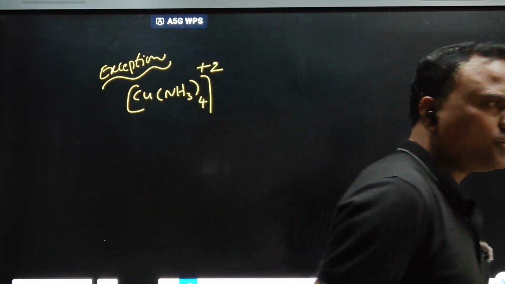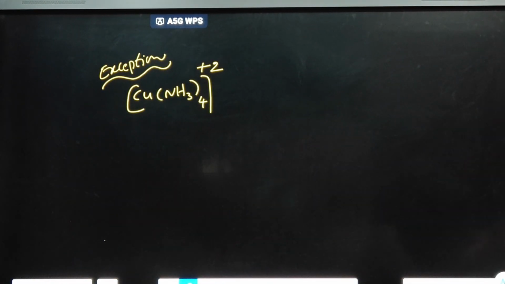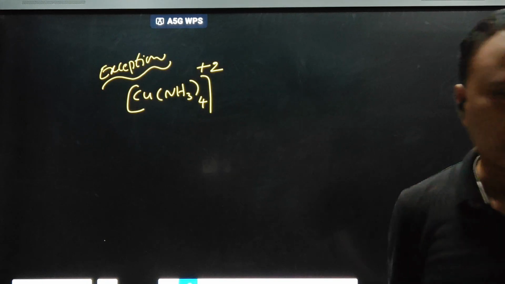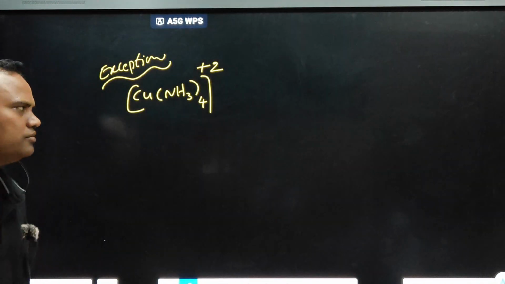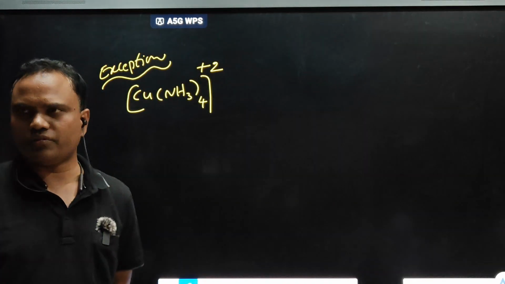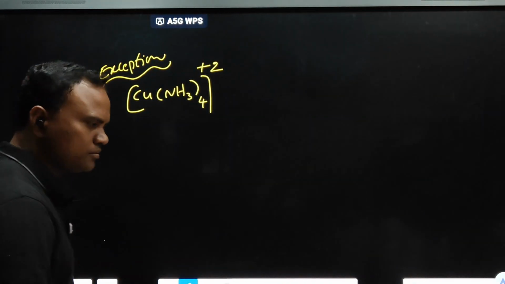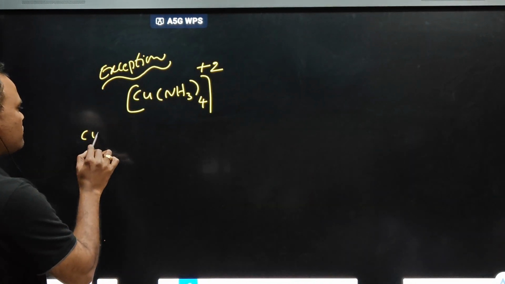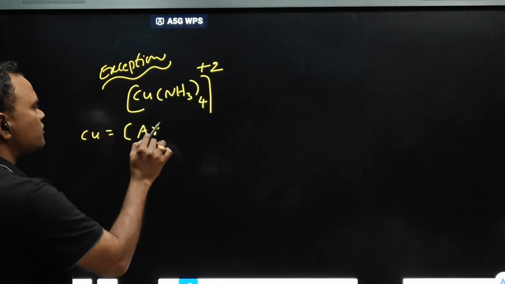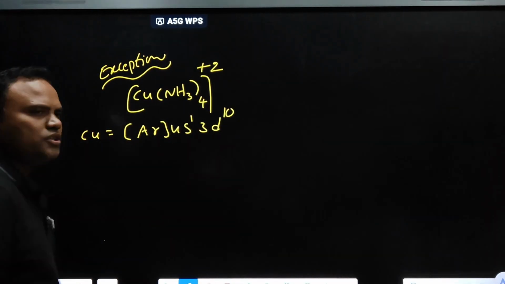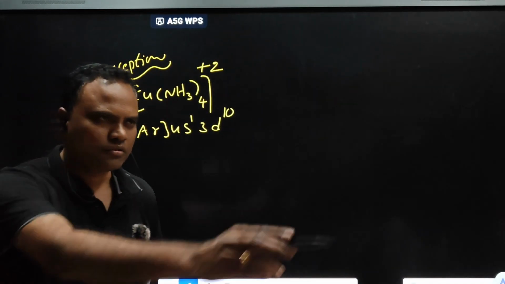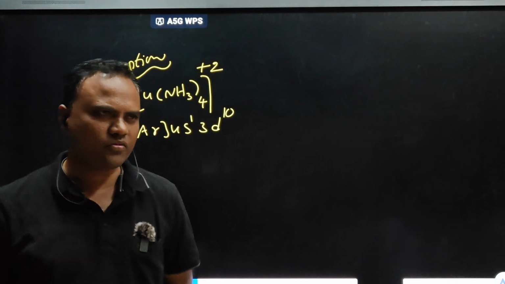Instead of 4s2 3d9, we write 4s1 3d10. Why? Because d10 is a stable configuration. I taught already configurations. So first write neutral copper configuration, argon 4s1 3d10. What is chromium configuration?